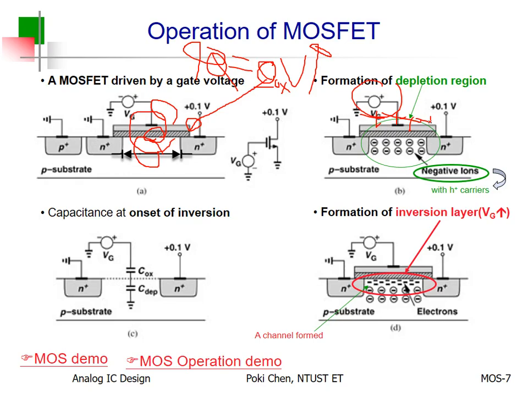But from the very beginning, it is P substrate, right? It means what? You have a lot of holes, right? So the first mission is to store enough negative charges to kill each other, okay?